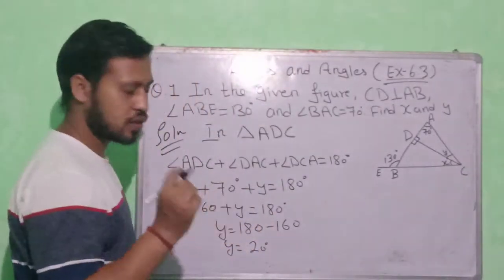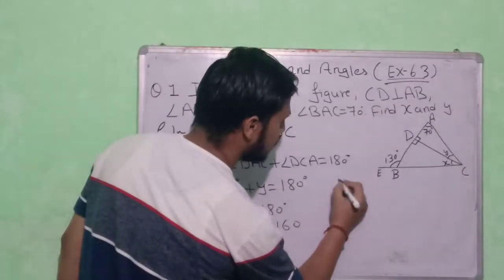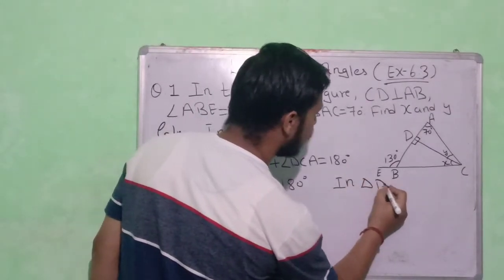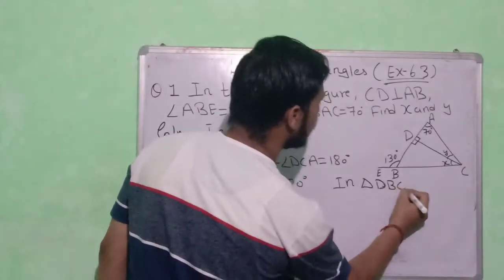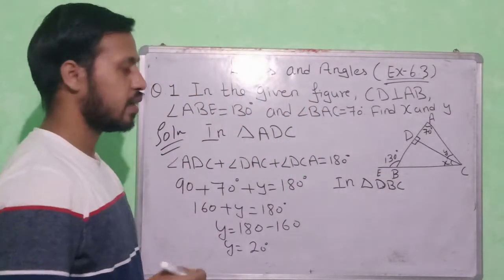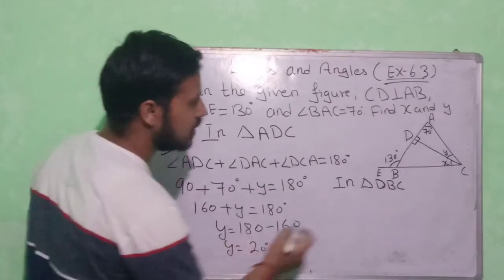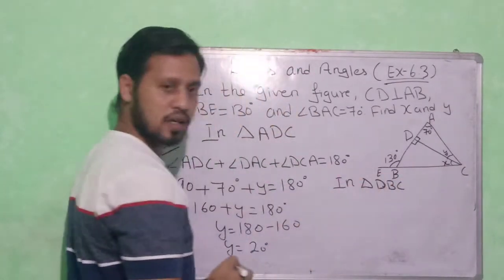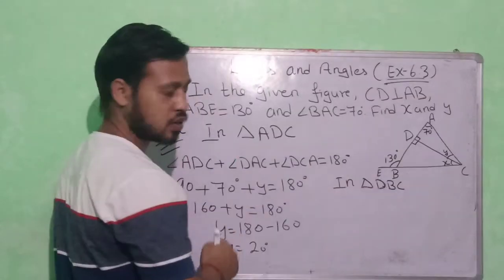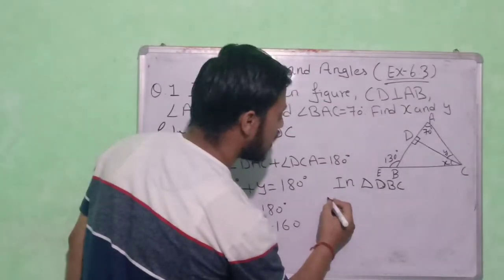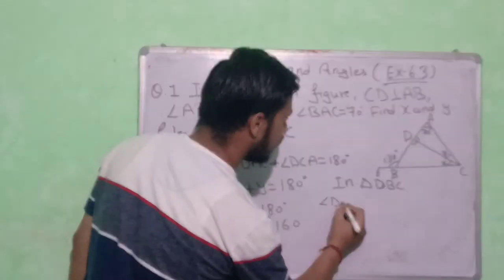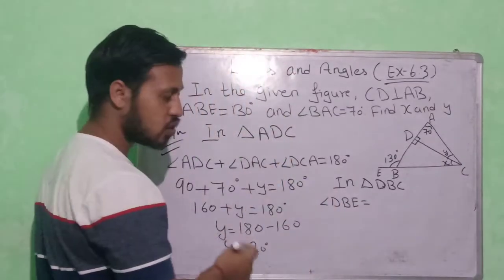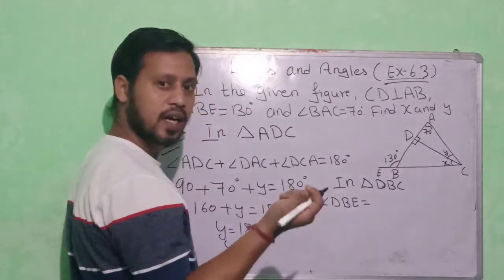Now I will take the second triangle. In triangle DBC, as you can see, E is the produced part. So you can say that angle DBE, the exterior angle, equals the sum of opposite interior angles.